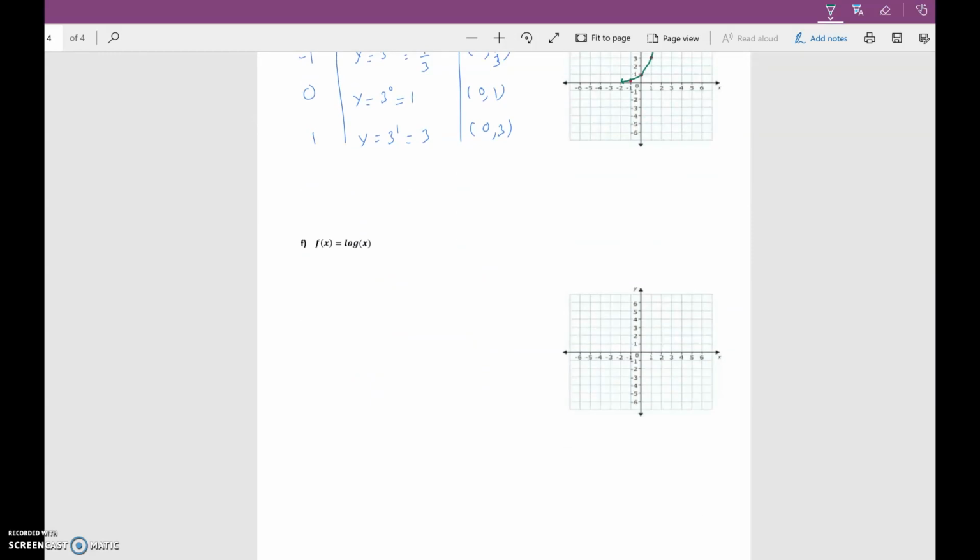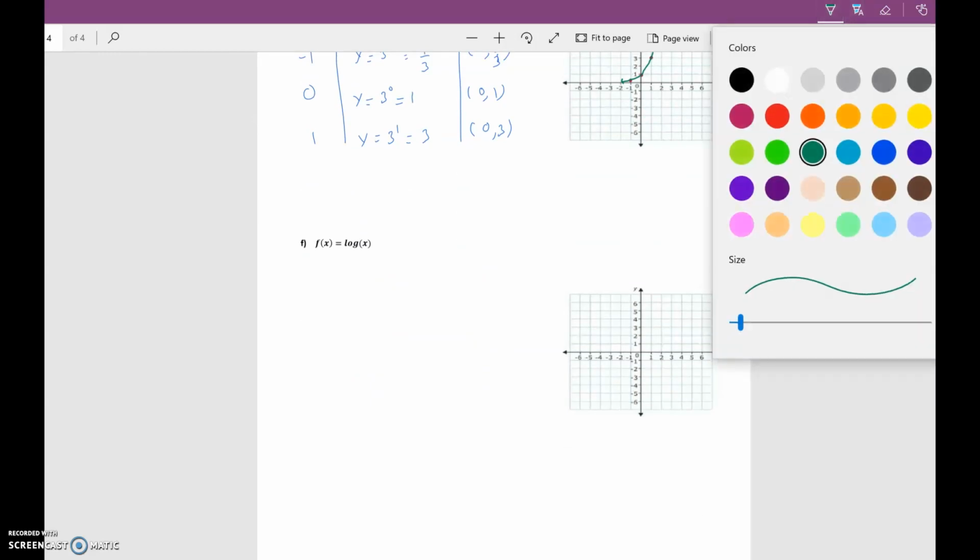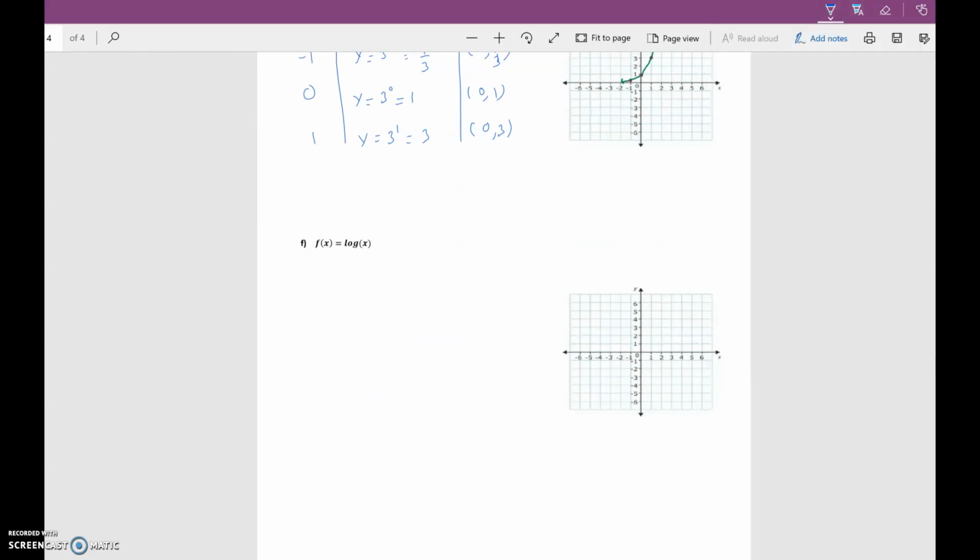Now let's go to the last one. And on the last one, to punch in values, you're going to need a calculator. Any calculator will be fine. So you're going to use x's, and then y is equal to the log of x, along with x's and y's. And then we'll plug in -1, 0, 1, and we're going to go to 2.